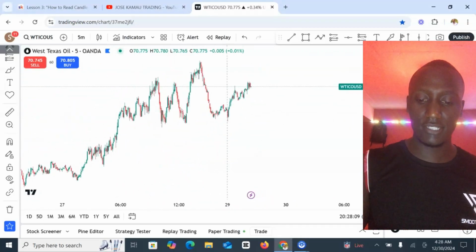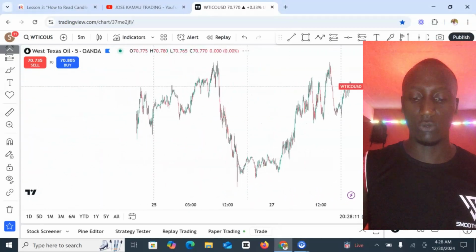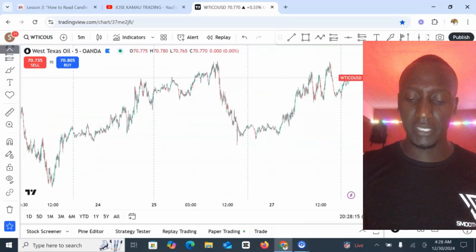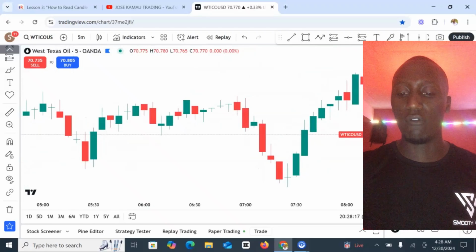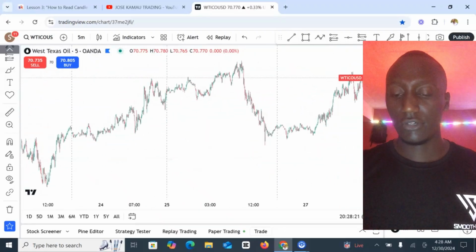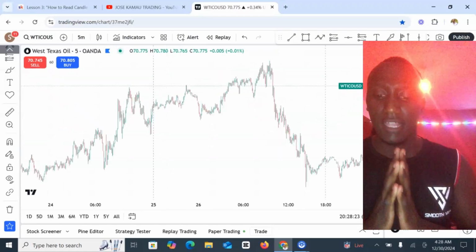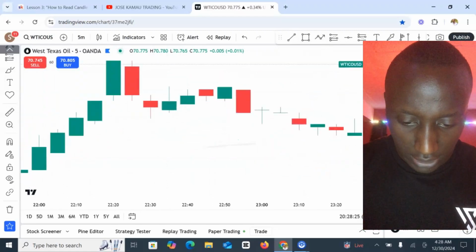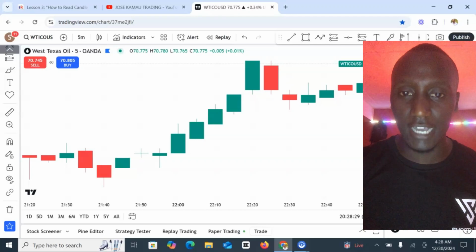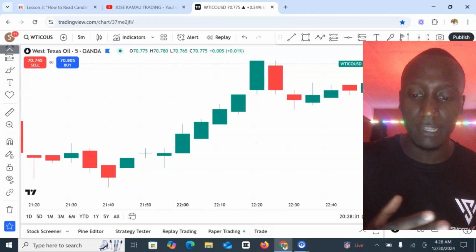Alright, so this is what a candlestick chart looks like. And if you are a complete beginner, this might be overwhelming, because what do you do with this? Now, here's the thing. These candles, they are a representation of price and time. So it's price times time.